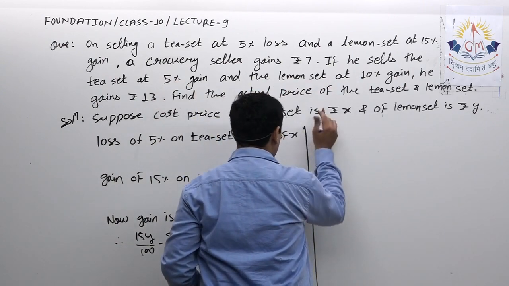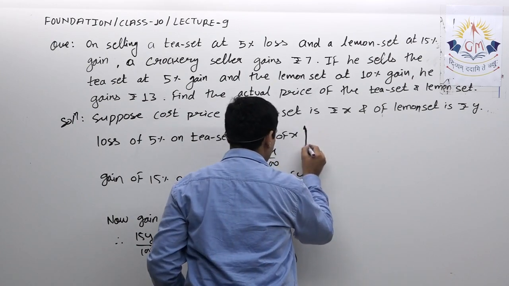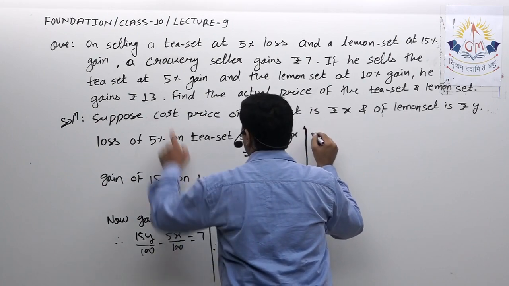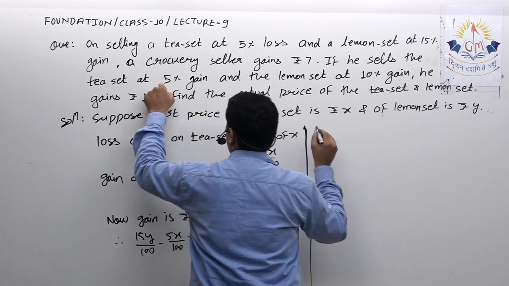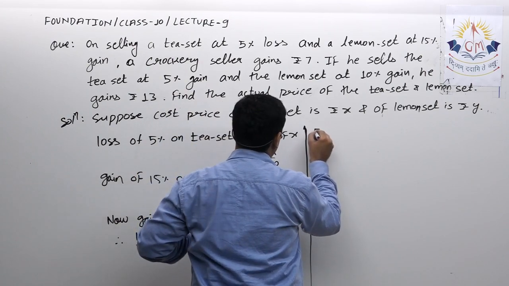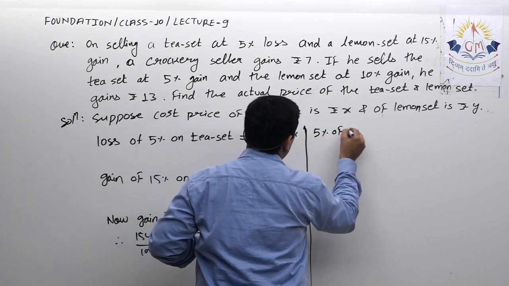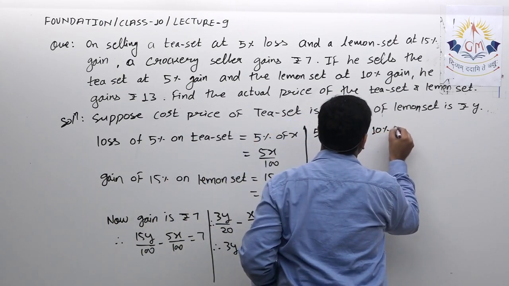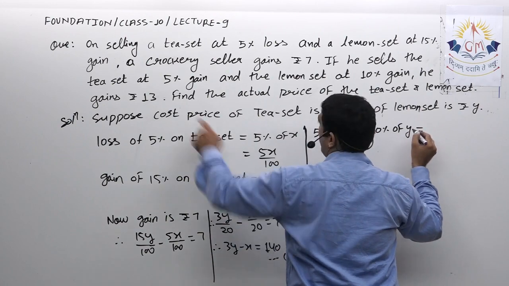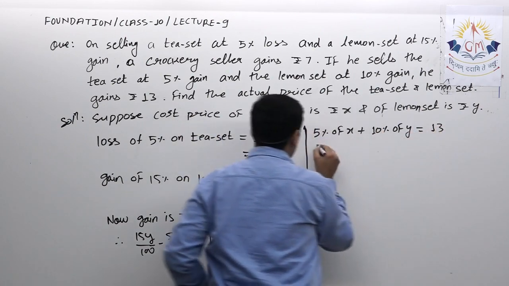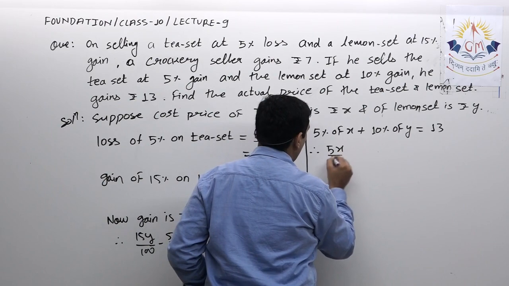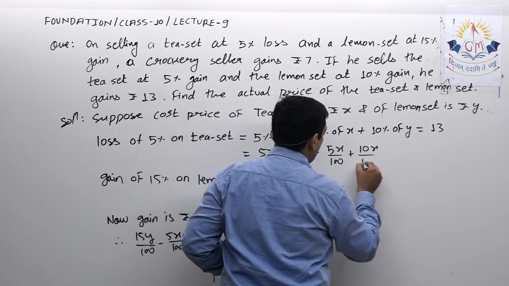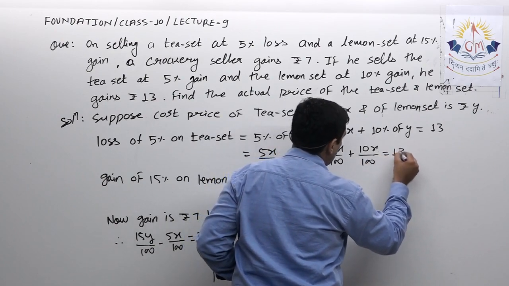For the second case I can write directly that 5% of X plus 10% of Y is equal to 13. That means 5x upon 100 plus 10y upon 100 is equal to 13.